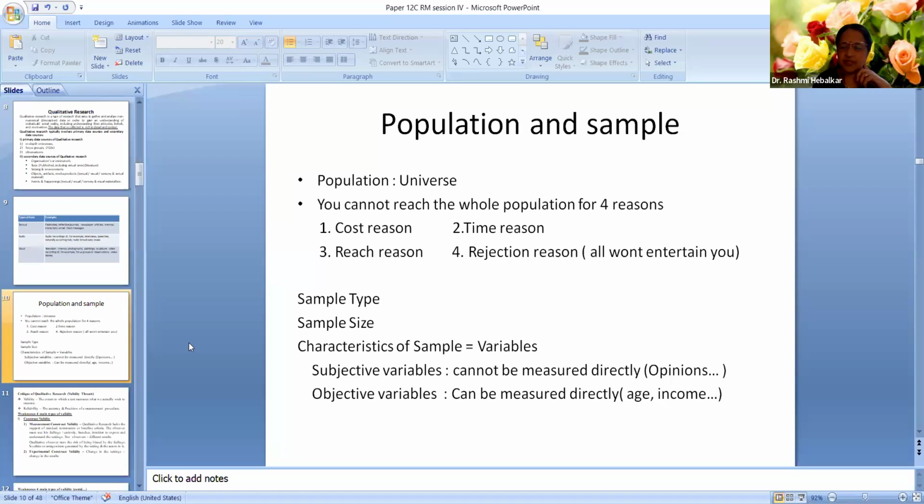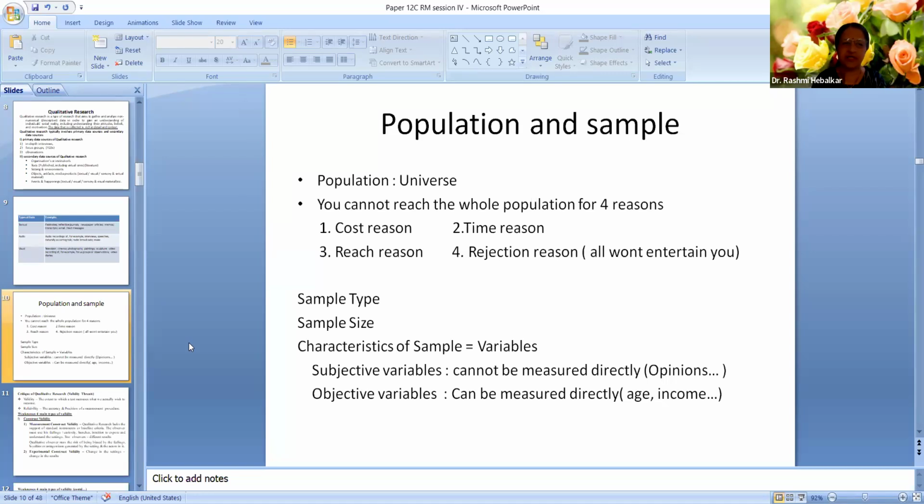So you are exposed to population and sample. Under sample, two terms are used: sample type and sample size. Sample type means the people or organizations from whom you are collecting data.